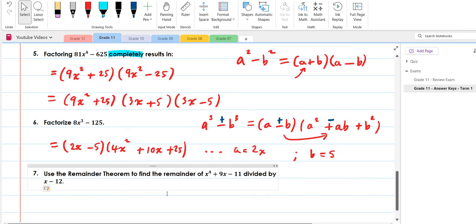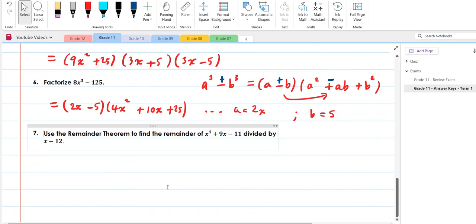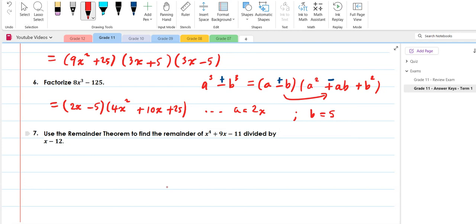Right, so the question says use the remainder theorem to find the remainder when this polynomial, x to the power 4 plus 9x minus 11, is divided by x minus 12. There are many ways to do this problem. The easiest way is to set up the polynomial function.